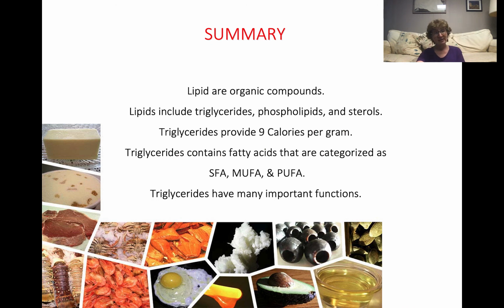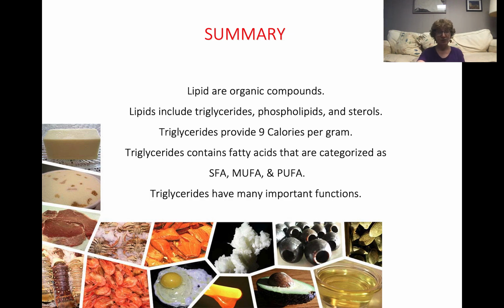To summarize, lipids are organic compounds that include triglycerides, phospholipids, and sterols. They're the most calorie-dense macronutrient with 9 calories per gram. They contain saturated, monounsaturated, and polyunsaturated fatty acids that are in different proportions that then dictate their physical and physiological characteristics.